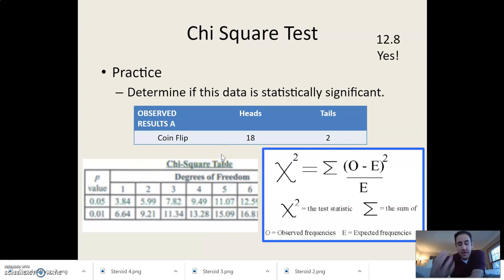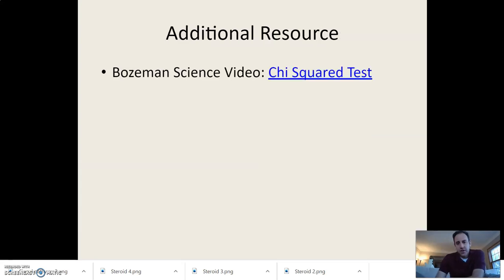If it's a bigger number, that's a big deal. Something's going on. That means that we reject the null hypothesis, which says nothing's really going on, and we say, okay, there's something going on here. This coin, there's something going on with that coin. These numbers are not 10 and 10. Something significant is happening.